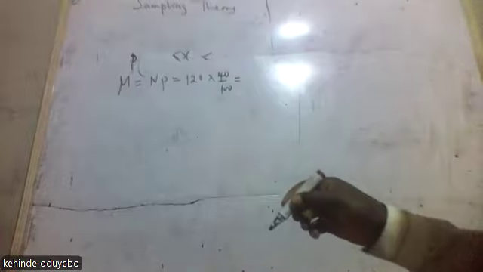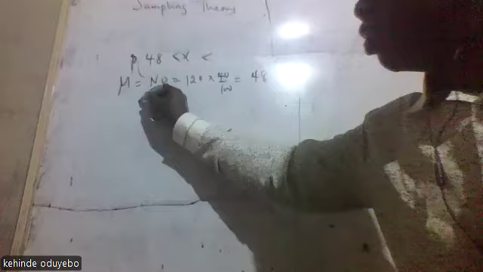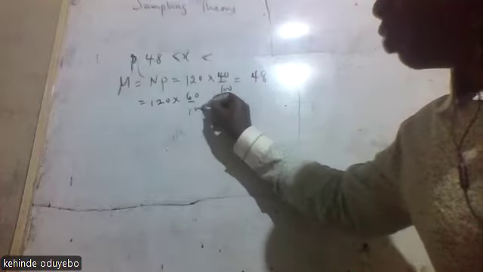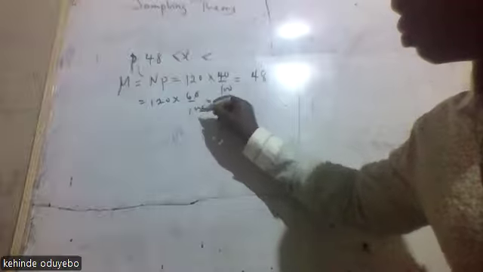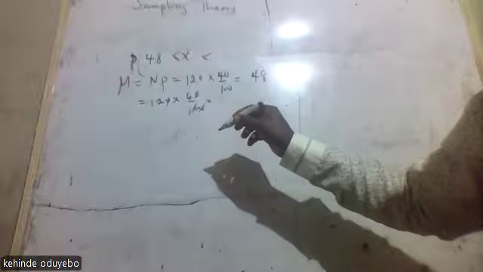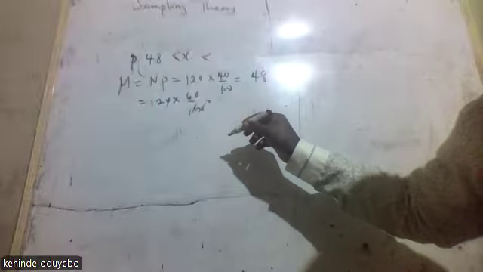So I have to write 48 here, but I'll rub it off later. The other one is 120 times 60 over 100. That would be 72, right? I'll write 72 here.